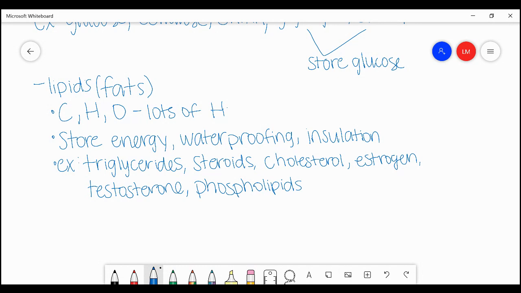We will talk a lot more about phospholipids when we talk about the cell wall later.